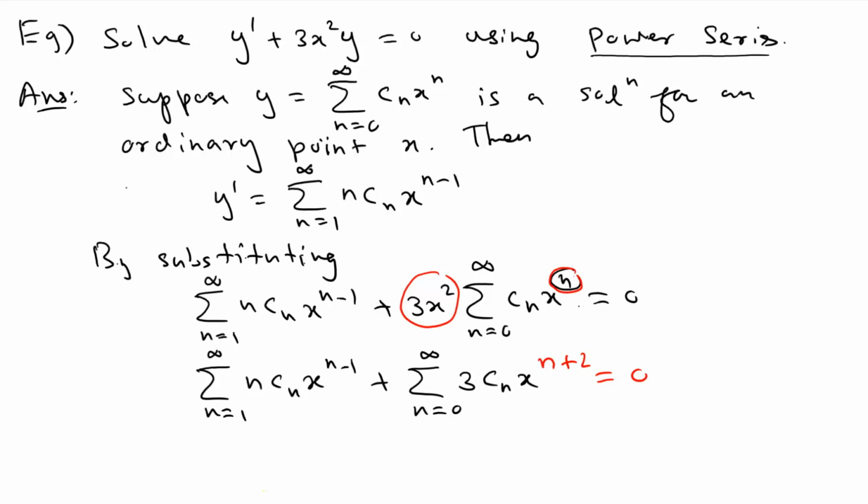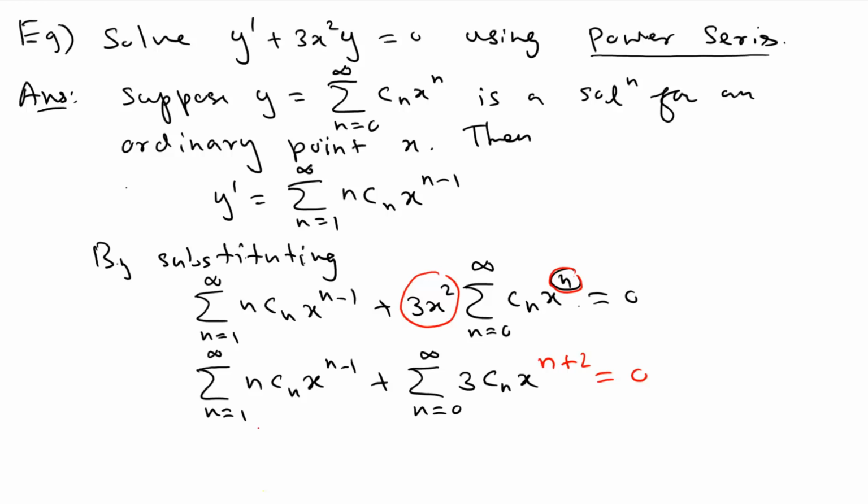Now you can see that they don't have the same x powers. So let's see what happens with the x powers, because what we normally do is write the uncommon terms first and then the common terms.